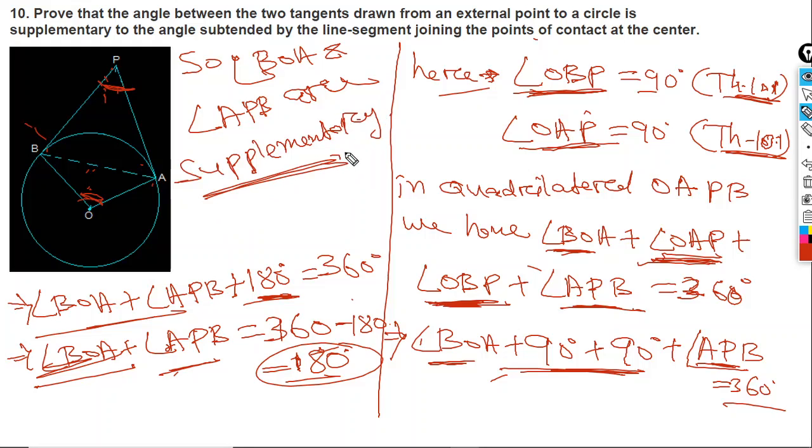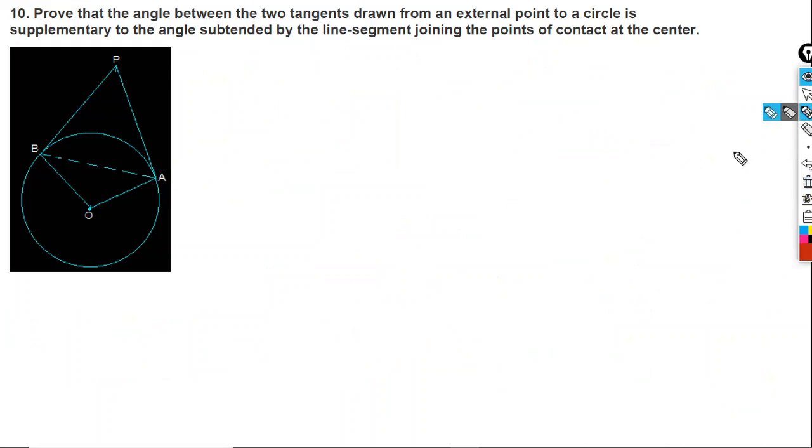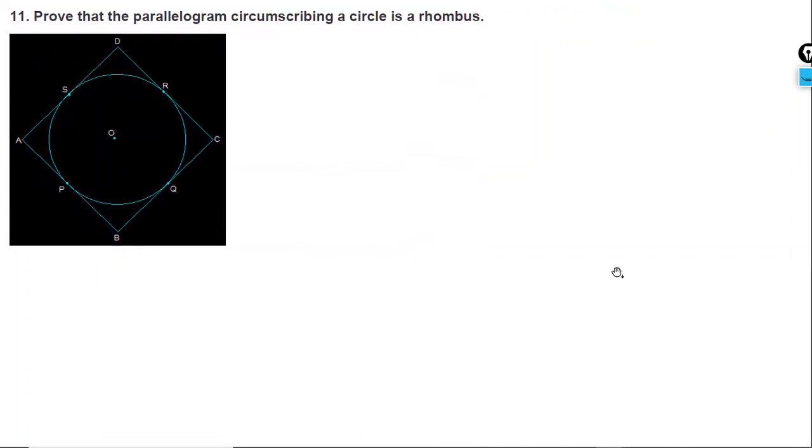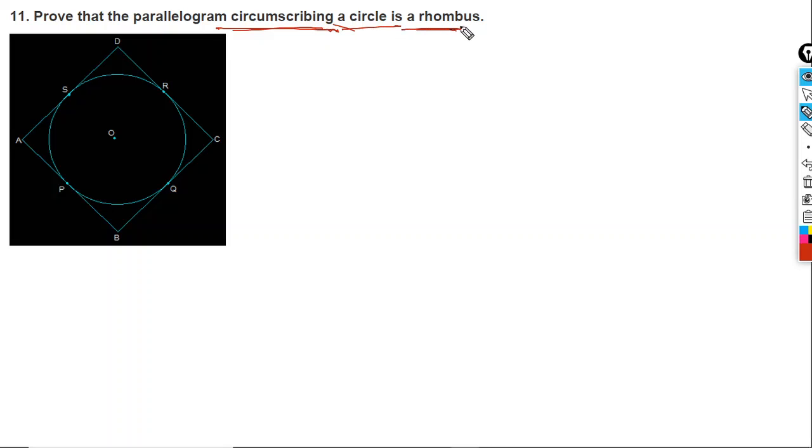Okay? So now we'll move to question number 11. Here it is, question number 11. Let's read. Prove that the parallelogram circumscribing a circle is a rhombus.